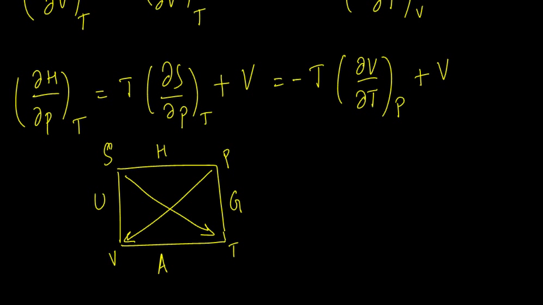So now, for example, if you want to look at how to write dU, so dU is equal to the variable on the far side times the differential of the one on the diagonal.